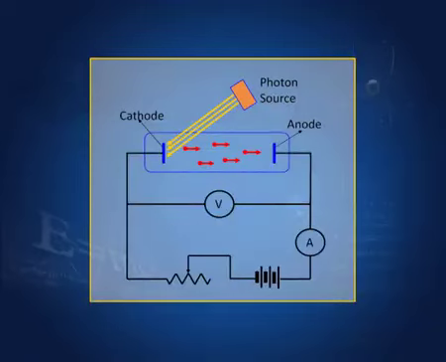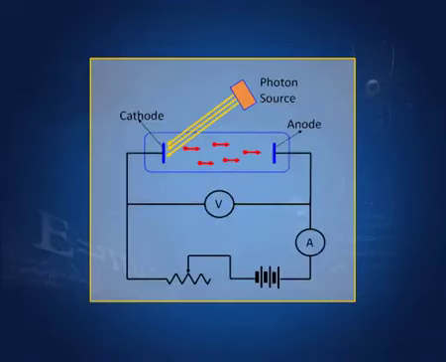There is an arrangement for varying the intensity of the source here. There is also an arrangement for varying the frequency of the photons emitted by this source, and for varying the potential difference between the cathode and the anode. All these things we shall study.